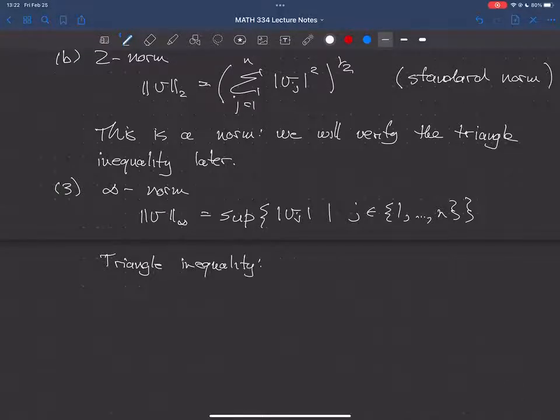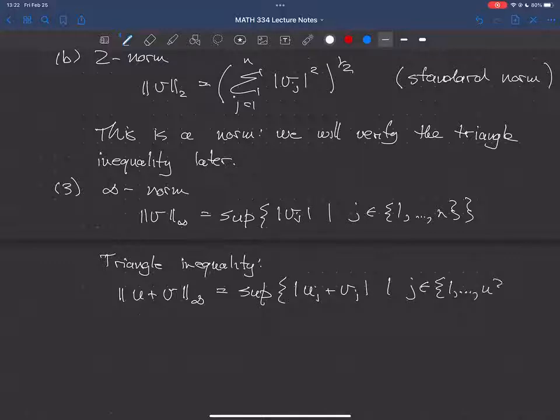So we'll take two vectors, u and v, and look at their infinity norm. That's just the definition. Now we're going to use the triangle inequality for the modulus or absolute value.